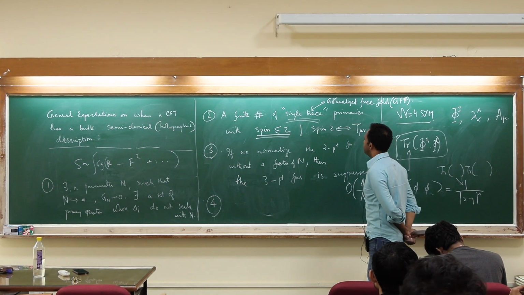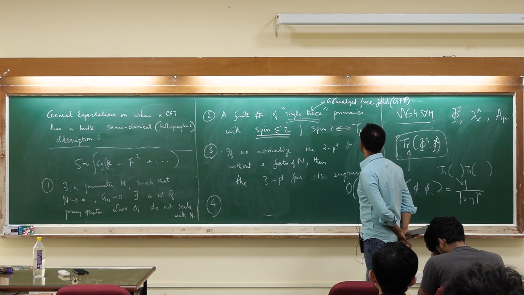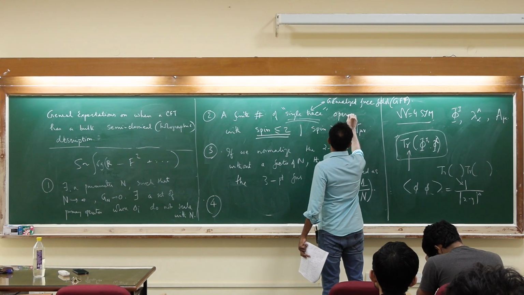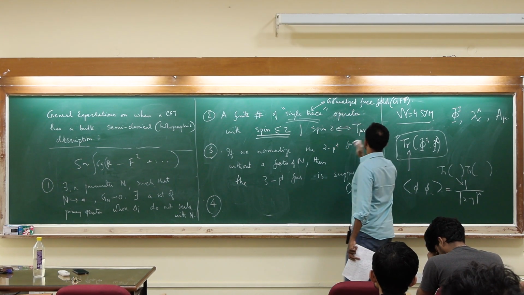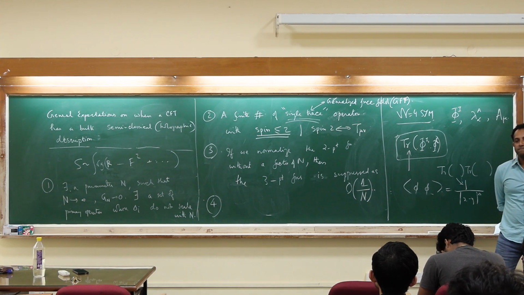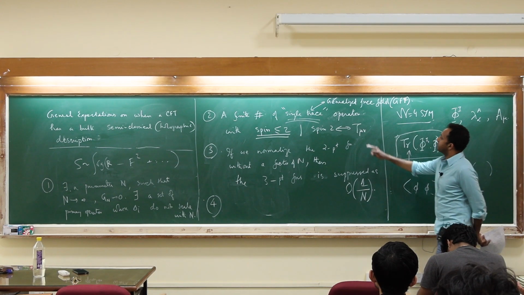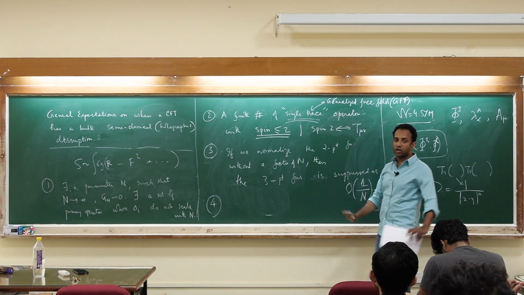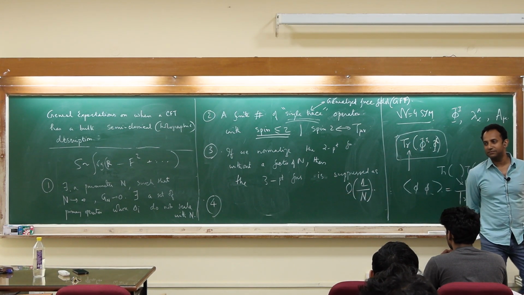Let me just say single trace operators if you want to make it a little bit more general. So you're unhappy with the fact that this is somehow constructed from some 2-point function involving scalar or something like that? I mean, T_mu nu is not a primary field, right? Okay, that's true. I just want to have some low dimension fields which are single trace. That's all I want. Fair enough.